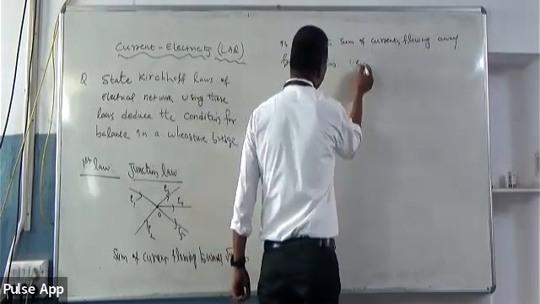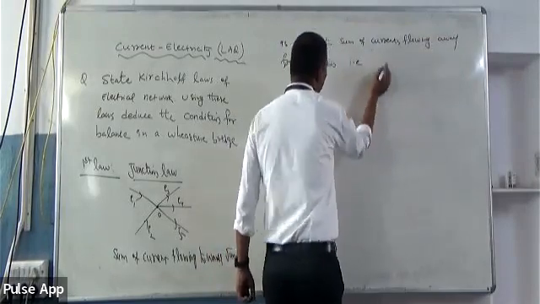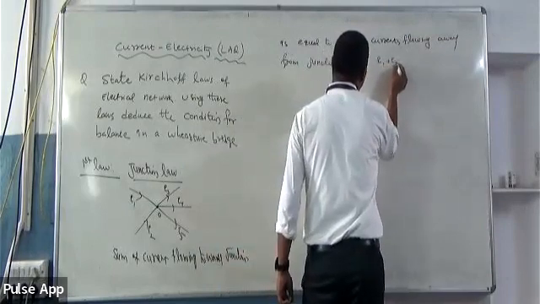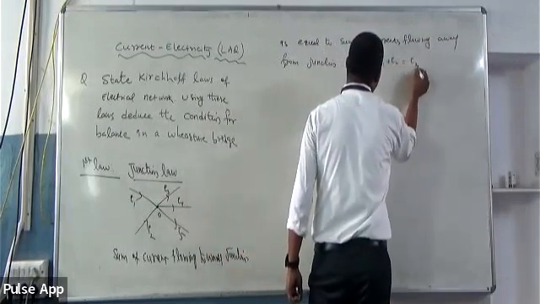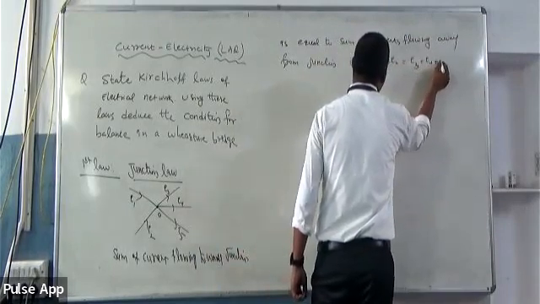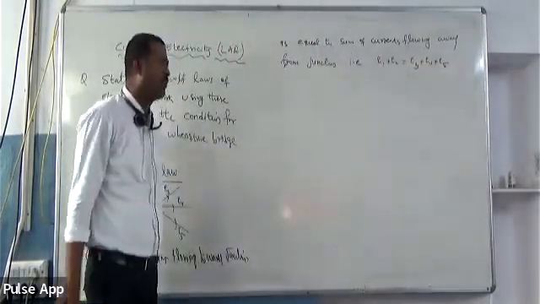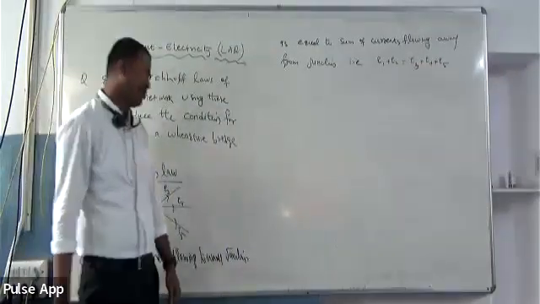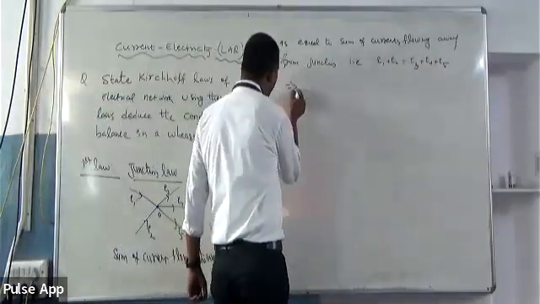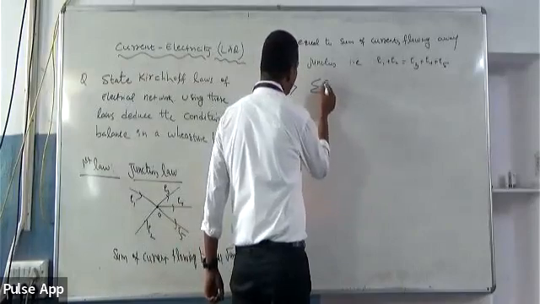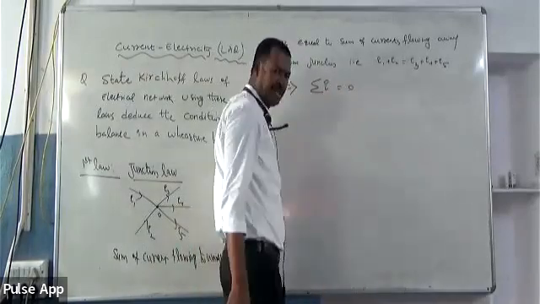That is, I1 plus I2 will be equal to I3 plus I4 plus I5. Or I can say, implies sigma I, the sum of all the currents, will be 0 at the junction.